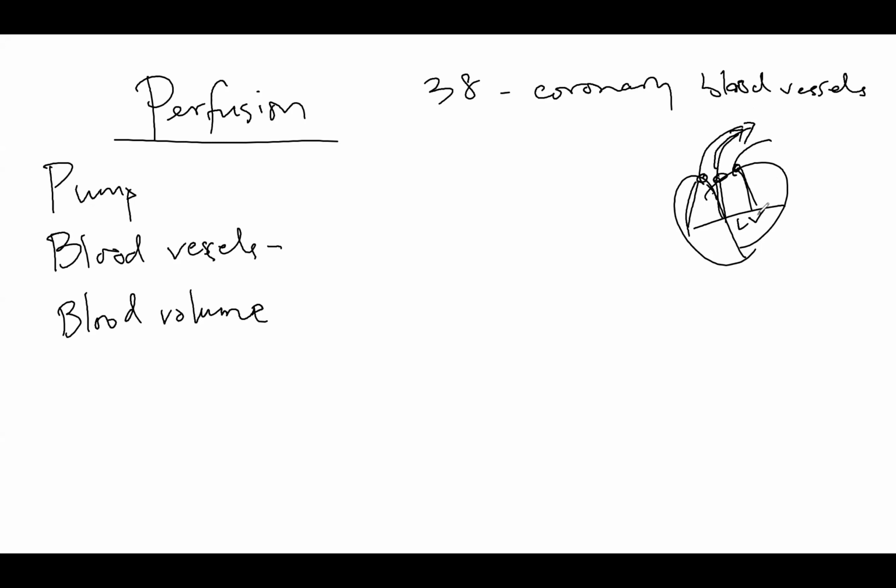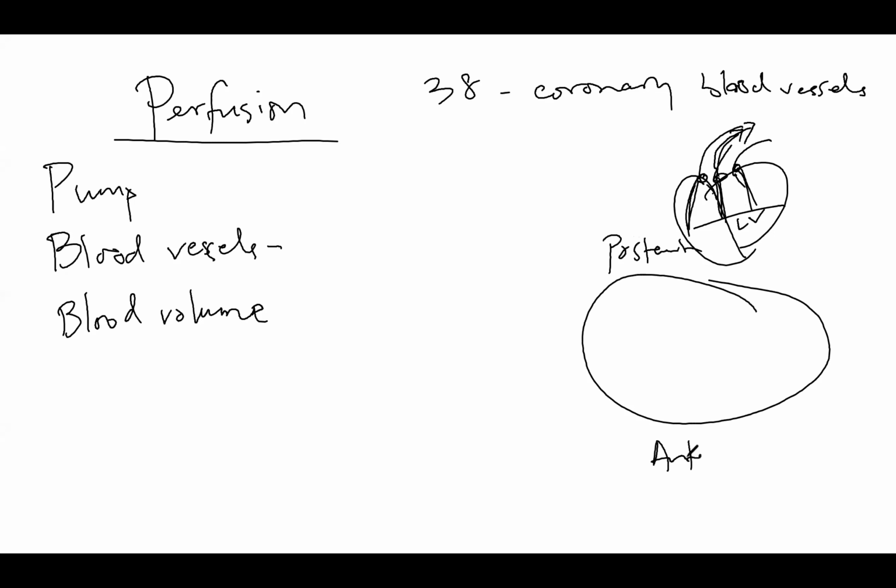When the left ventricle stops beating, blood falls back on the aorta, filling the 3 main coronary arteries. So if we do a cross section, this is the posterior, this is anterior. There are three main ones. One is here, one is here, and another one here.